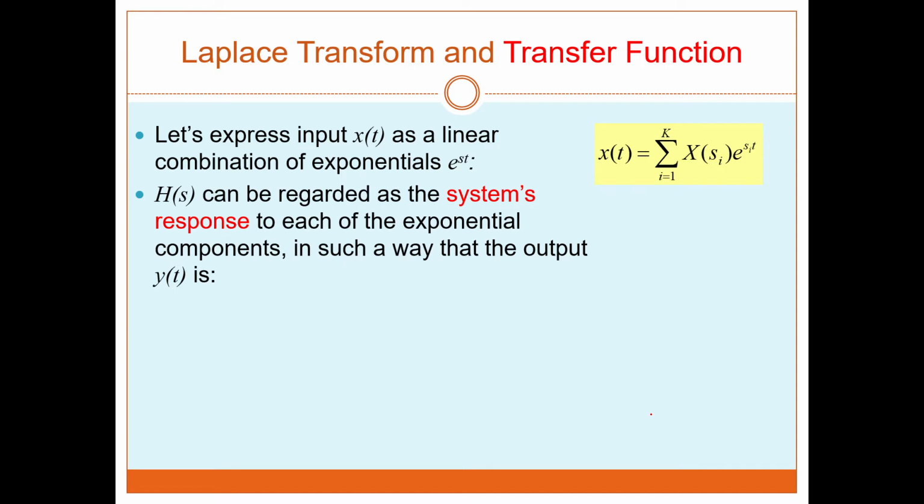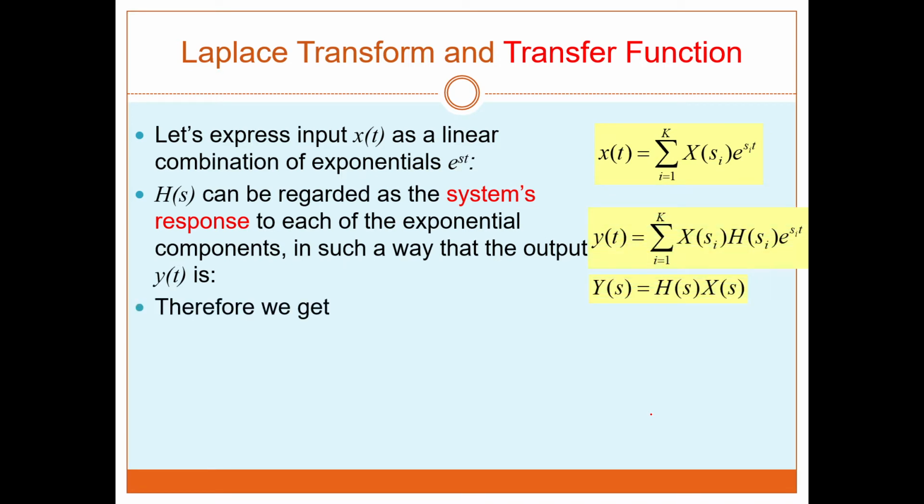Alright, so for example, we have a function x(t). The function is X(si) multiplied by e^(si t). The frequency response H(s) will be regarded as the system response to each of the exponential components, in a way that gives the output y(t).